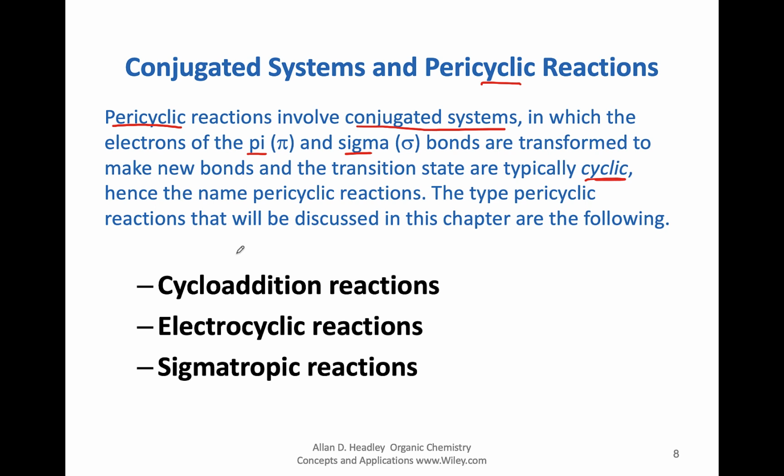There are three types of pericyclic reactions. One is the cycloaddition, which we'll concentrate on in this lecture. Then we have the electrocyclic reaction, and the sigmatropic reaction. We'll define those in the next lecture, but in this lecture we'll concentrate on the cycloaddition reaction.